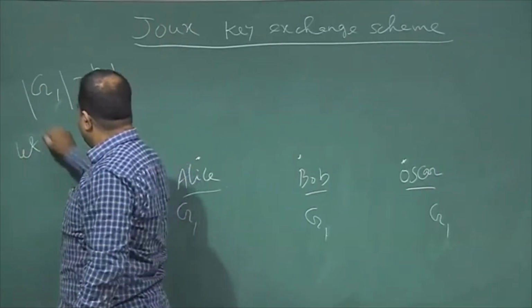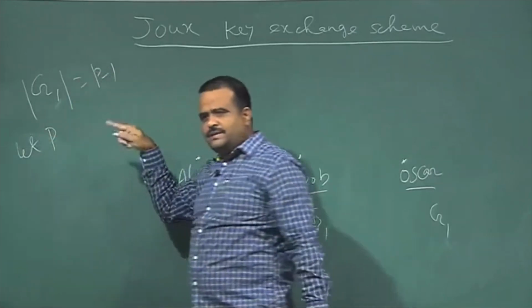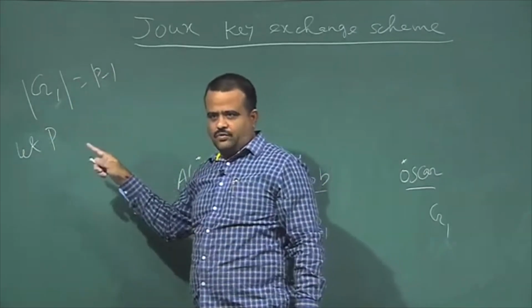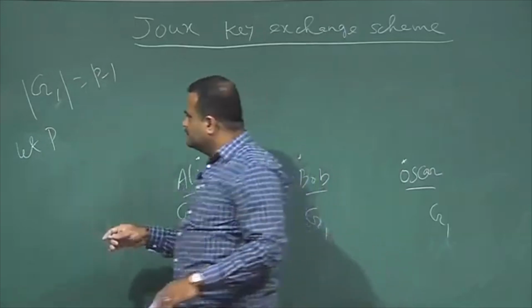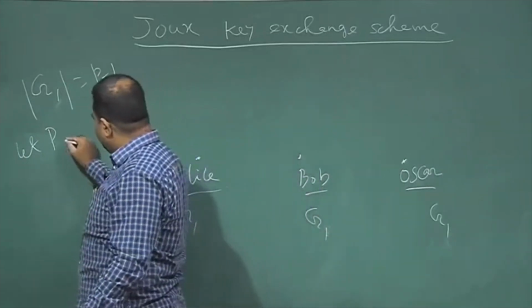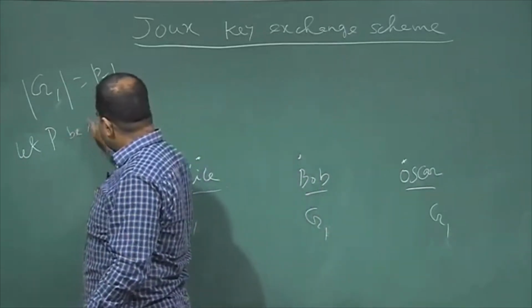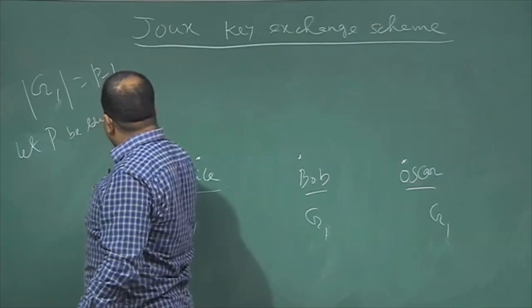This is usually an elliptic curve group, so it is usually an additive group, where the operation is additive. Let P be the primitive element of this group.